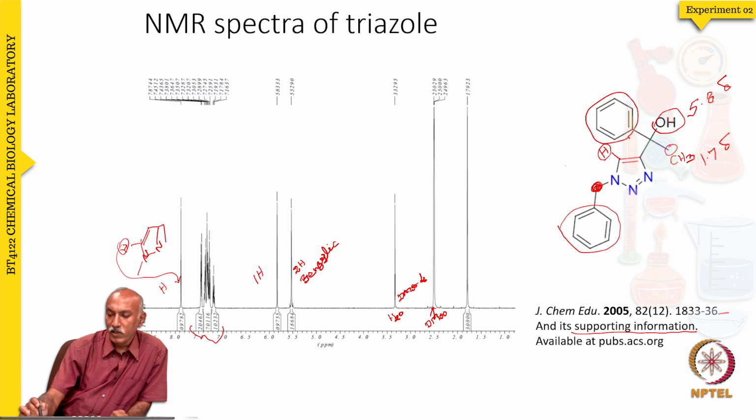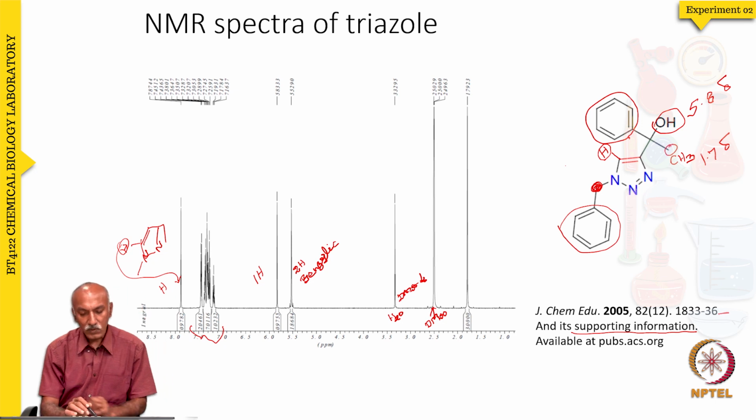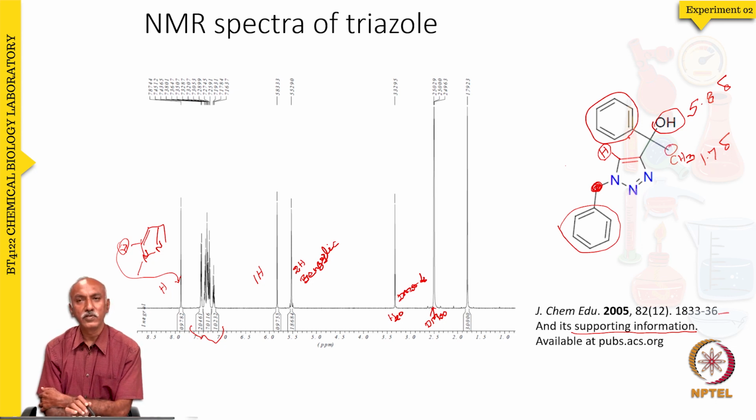You also look at the OH which comes at 5.7, and the CH2 which comes at 5.5. These two peaks are not integrated, they belong to the solvent and water present in DMSO-d6, and this CH3 corresponds to the CH3 present on the quaternary center.